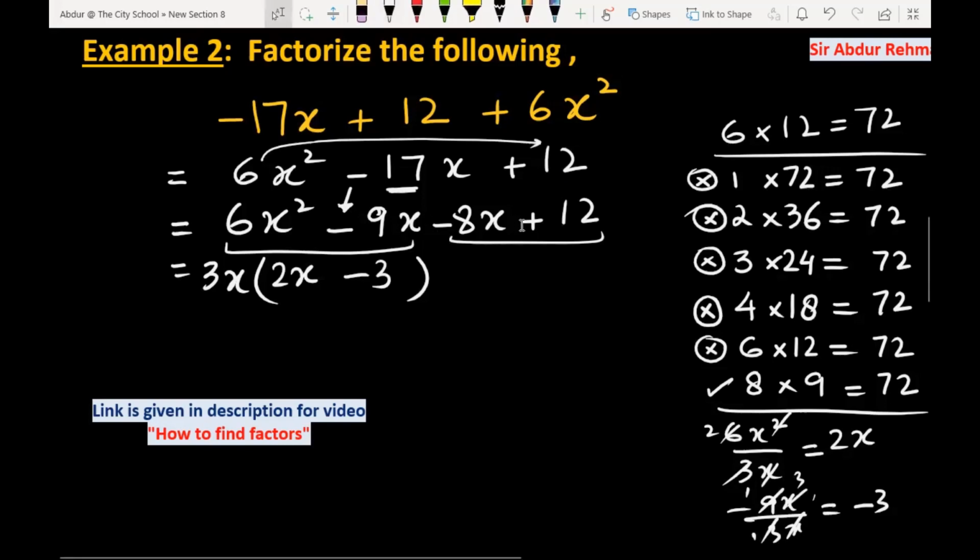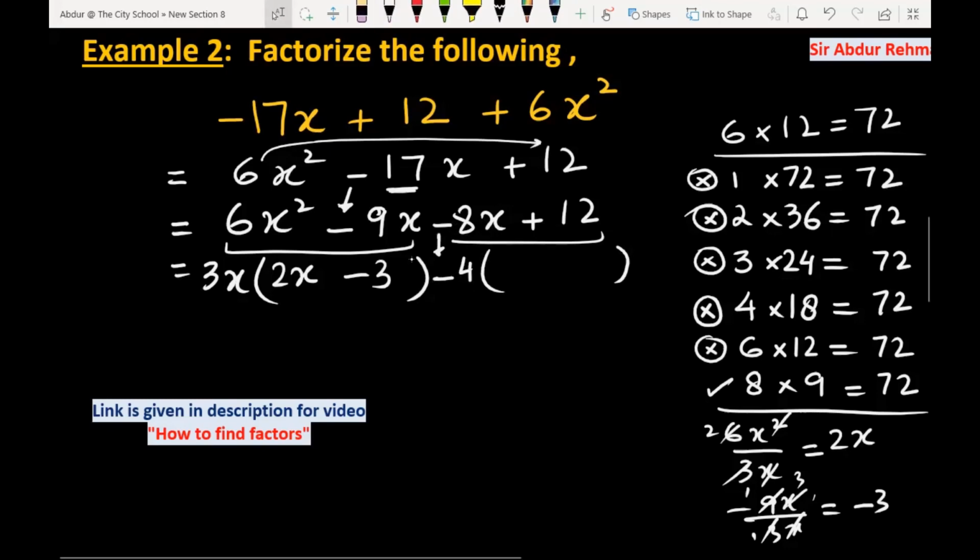And in the next group, copy the sign minus here. In the next group, 8 and 12 are divisible by 4. So I'm going to write minus 4 and open a bracket here. Now let's check what is in my bracket.